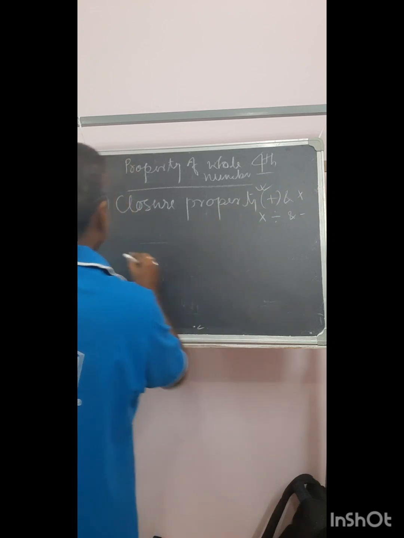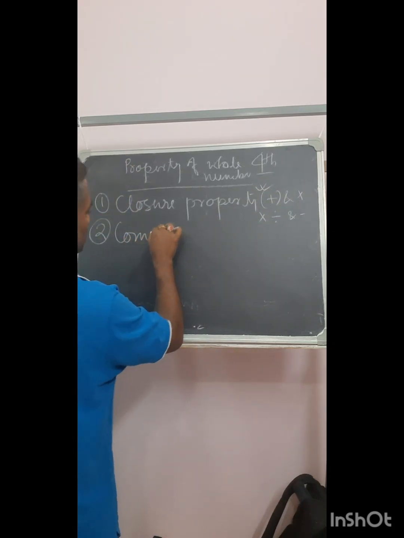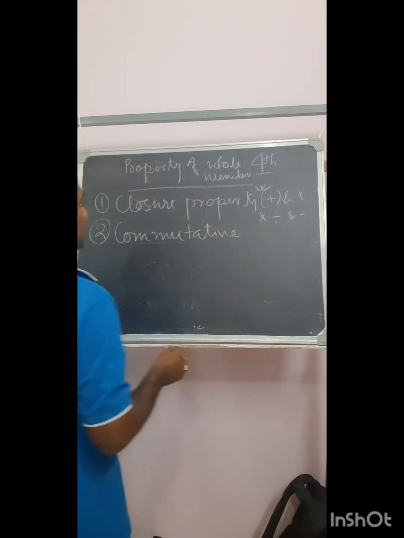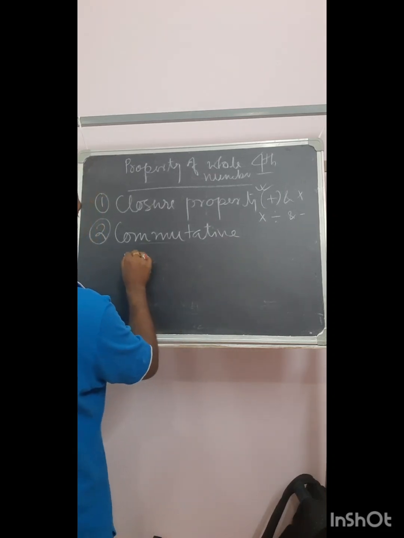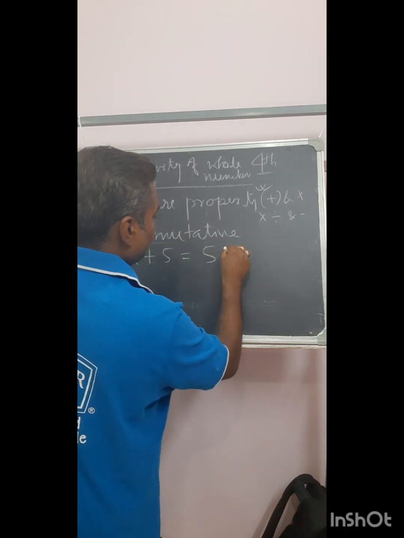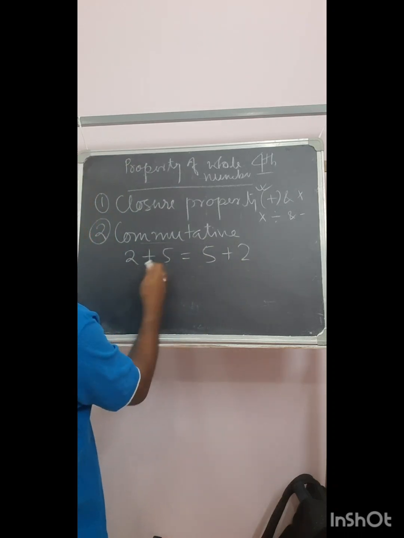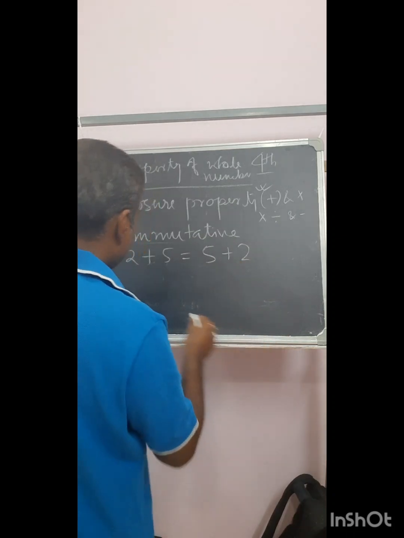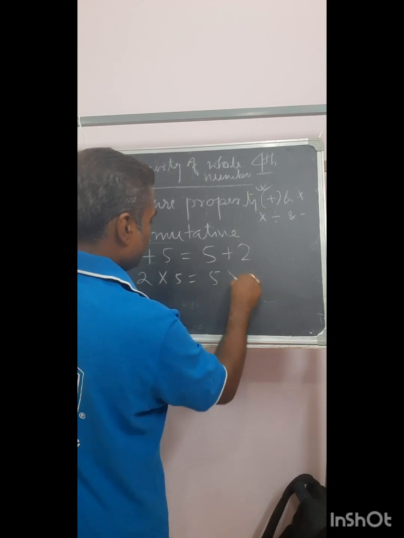The second property is the commutative law. In commutative, if I take addition, 2 plus 5 is also true if I reposition the numbers. That means if I change the position of the numbers, the result will not change. Similarly, if I take multiplication, it won't change.